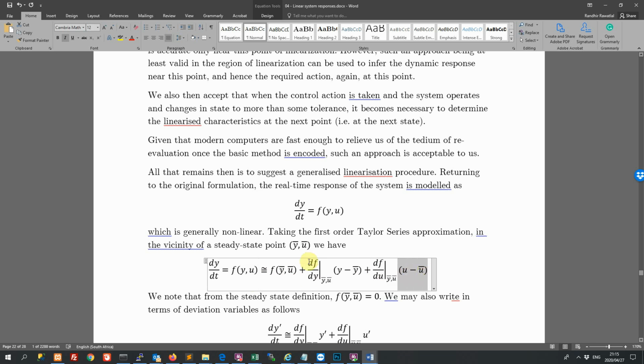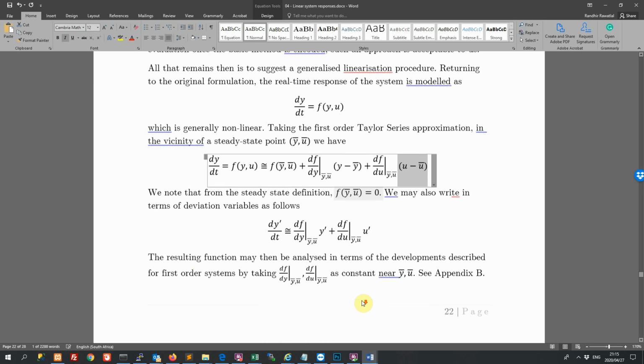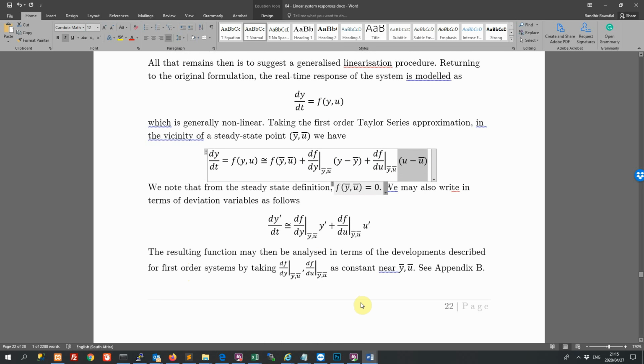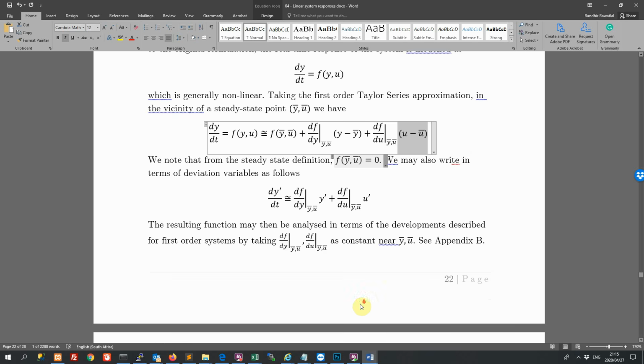So if you regard that derivative as approximately constant in the region of the steady state value, then it's a constant multiplied by a first order term here. So this is a linearized version of your nonlinear equation. And then all the arguments that we are advancing now apply still.